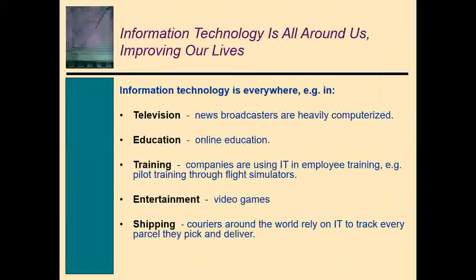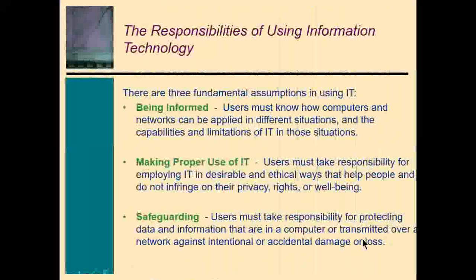Entertainment, you are able to get this lesson on a YouTube channel. It is also ICT. Shipping, people can track their products and know where the products are anywhere in the world. It's ICT. So our lives are affected in all these areas. We cannot run away from the fact that we are in the information age.